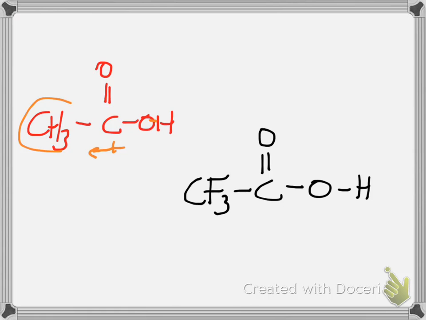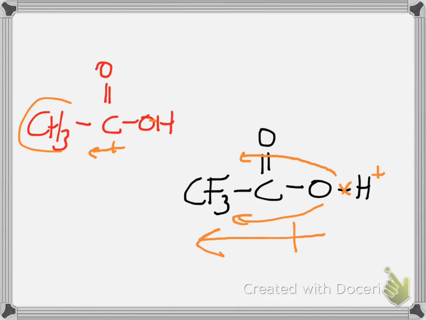On the other hand, if we look at the carbon trifluoride right here, remember fluorine is the most electronegative element, which means it's going to have an extremely strong pull for those electrons, so all of the electron density is going to move over towards this side, and little hydrogen, hey, what about me? It's going to lose its bond to oxygen pretty easily and come off as H+.